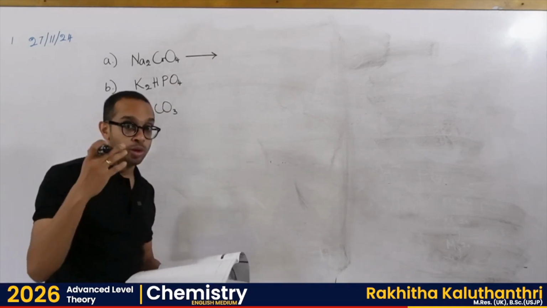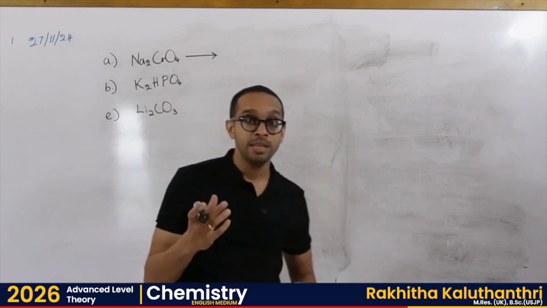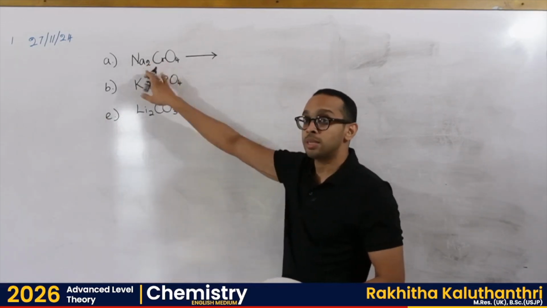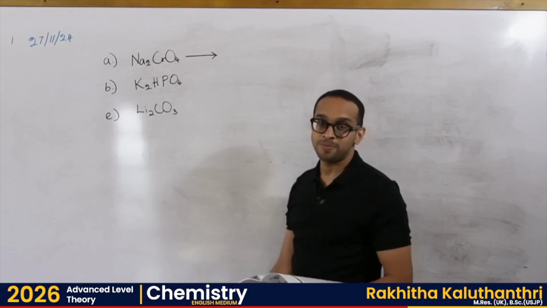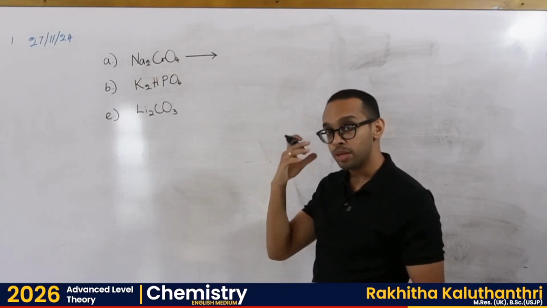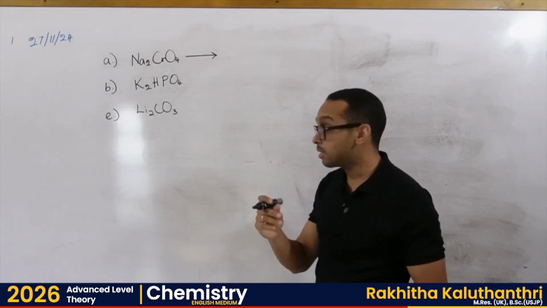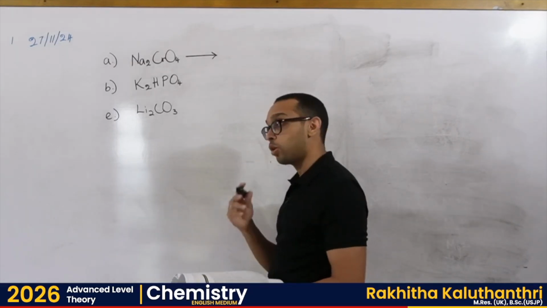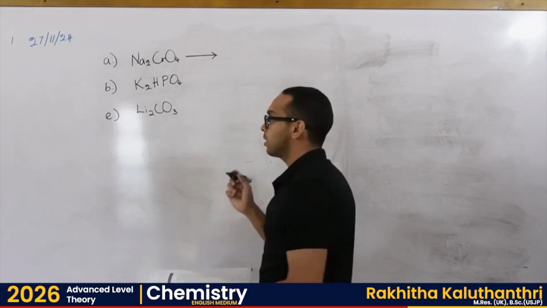You need to know your anions. Without knowing your anions, you will not be able to figure out what are the main two things that are making up this ionic compound. So get your mind used to it. Familiarize yourself with the anions that are commonly used in A levels or commonly seen in chemistry.